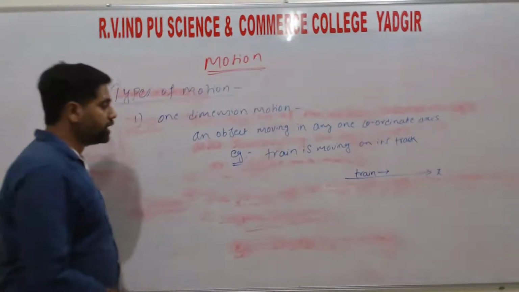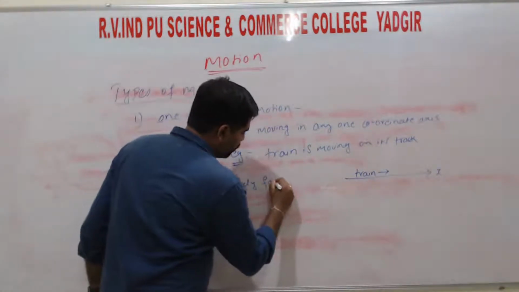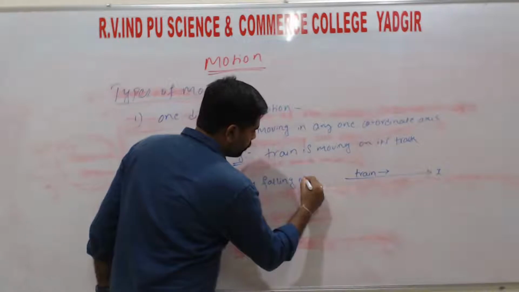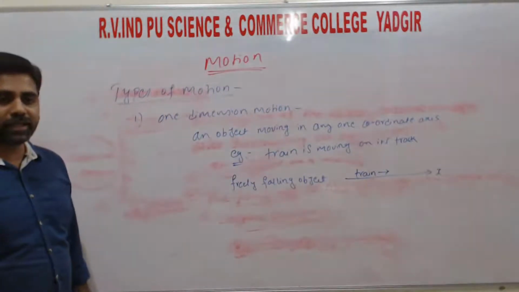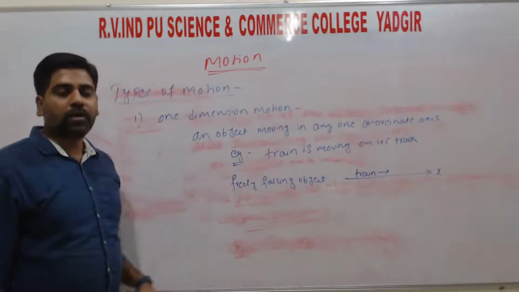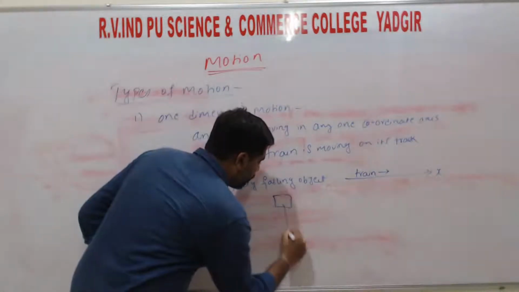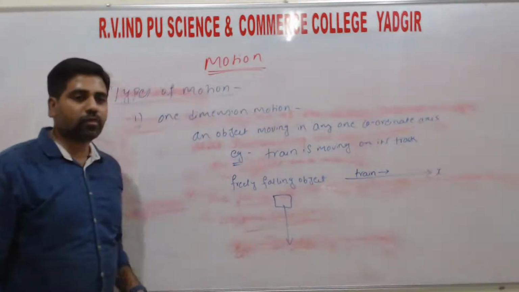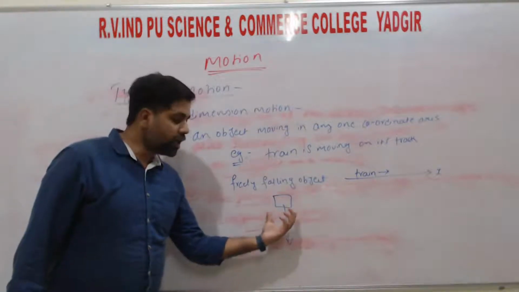One more example is a freely falling object. If we consider an object that is freely falling, that is, if we release it, it will follow the freely falling path. That means any object which is falling freely, right? So here the object follows which coordinate axis?